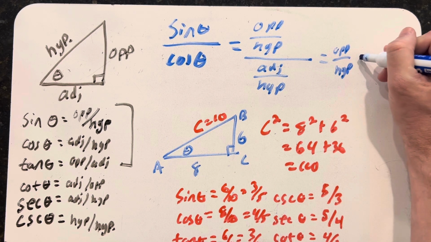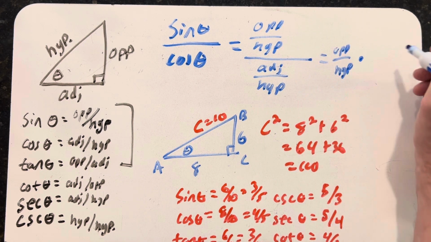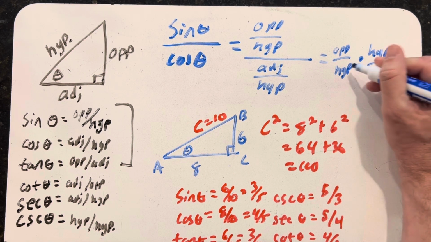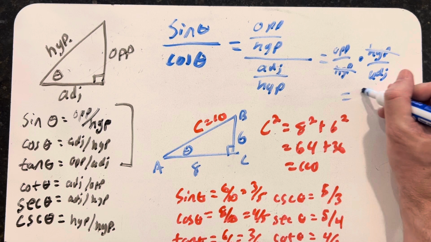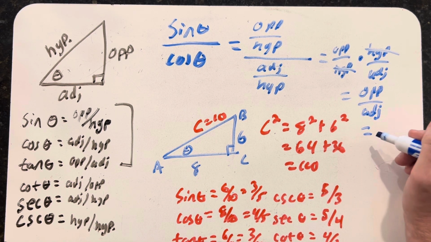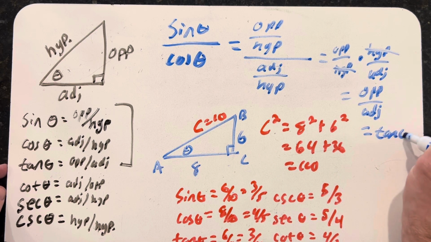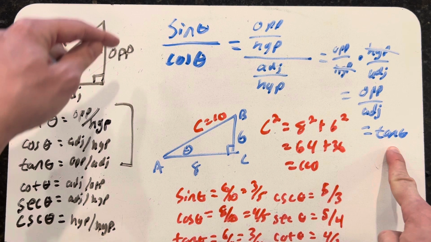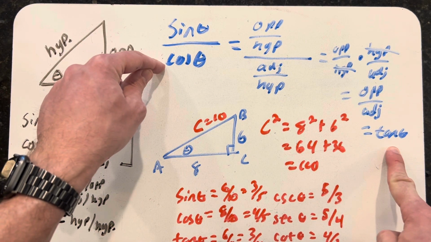I'm going to change the division sign into a multiplication. I'm going to take the reciprocal of the bottom. And I notice that the hypotenuse parts would cancel off, and I would just have the opposite over the adjacent. Well, opposite over adjacent is the same thing as tangent. So tangent theta is always the same thing as sine divided by cosine.